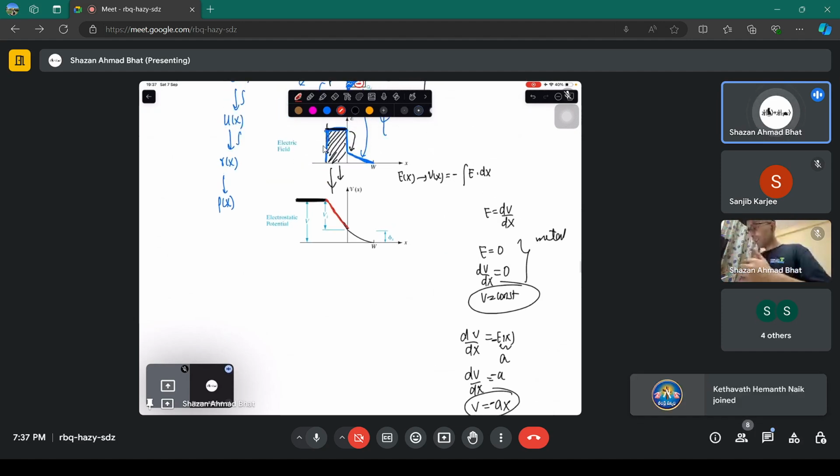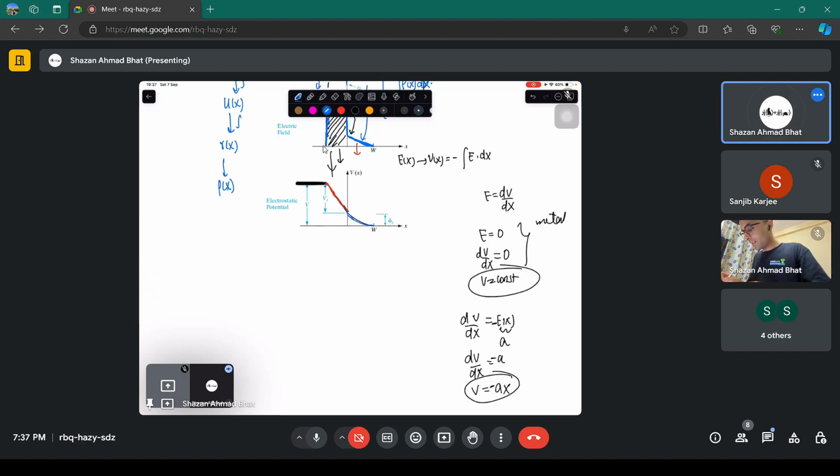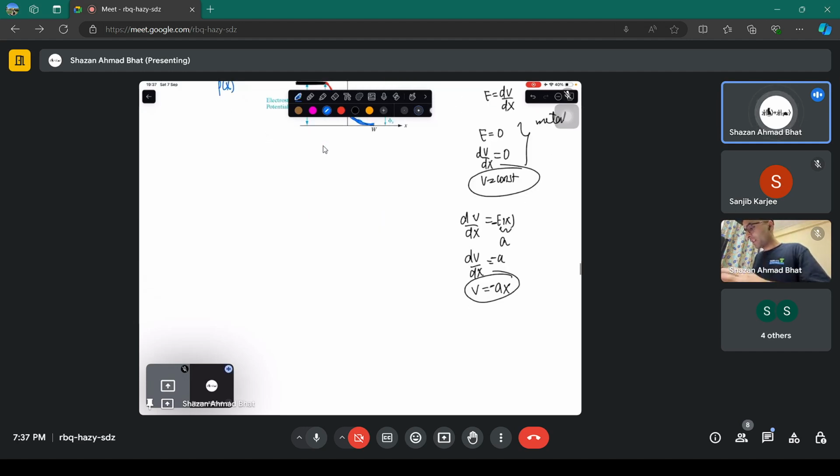So you got a ramp, and here there was a ramp, and when we integrated it we got a parabola, this blue curve. Again the same concept, dV by dx is equal to minus the electric field.